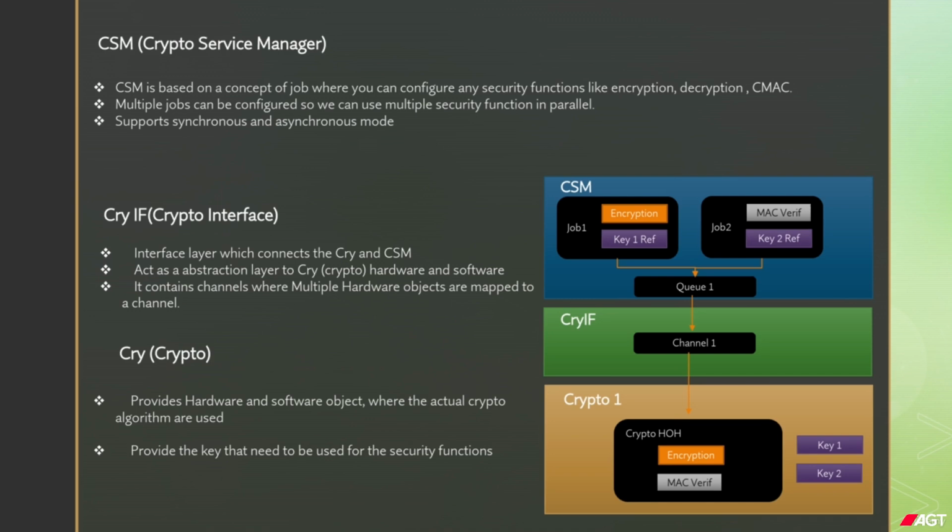Here the crypto hardware object has two primitives basically. One is for encryption and another is for MAC verification, and it has two keys which are already referred to in the CSM. So this is how the message flows from the CSM to the CRY layer.